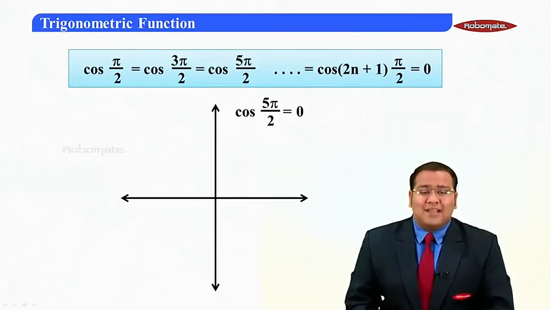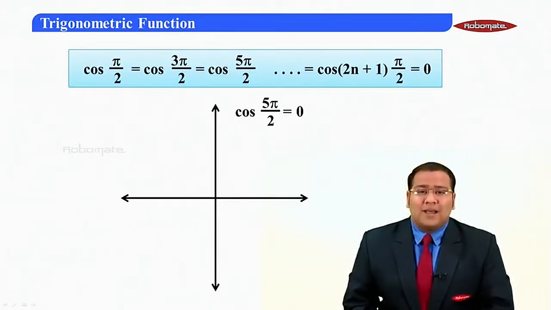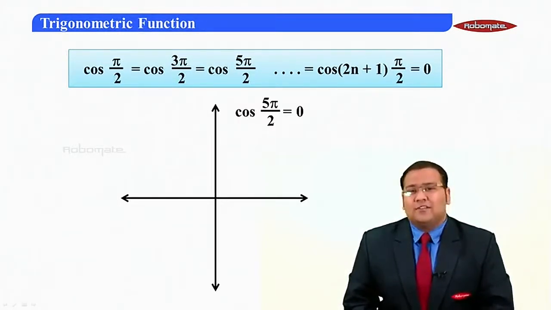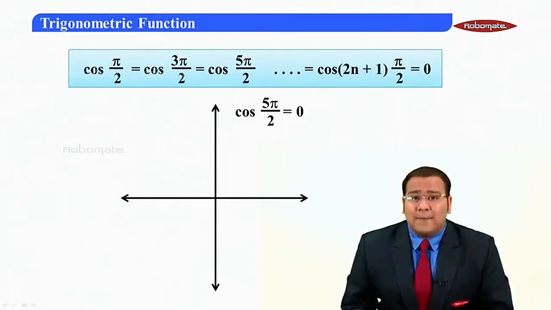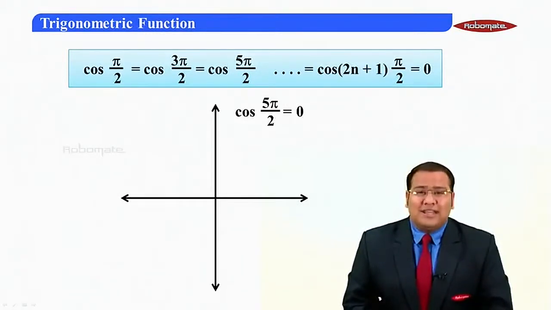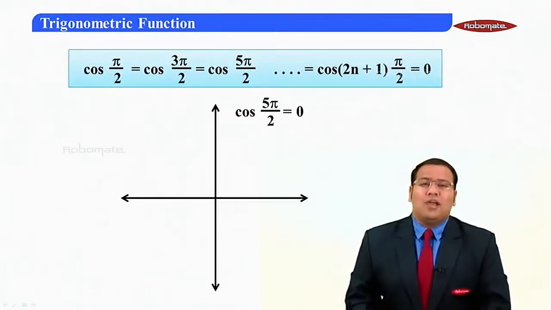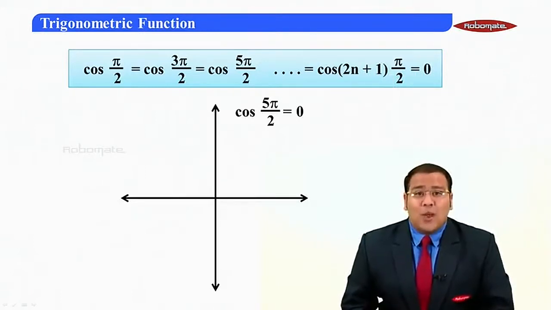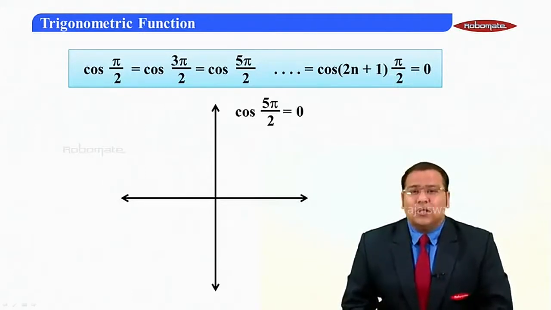If you put n equal to 1, the equation would be cos of (2 plus 1) into pi by 2. It is nothing but cos of 3 pi by 2. If you put n as 2, it will become cos of 5 pi by 2. So for all this series, the generalized formula would be cos of (2n plus 1) pi by 2 is equal to 0.